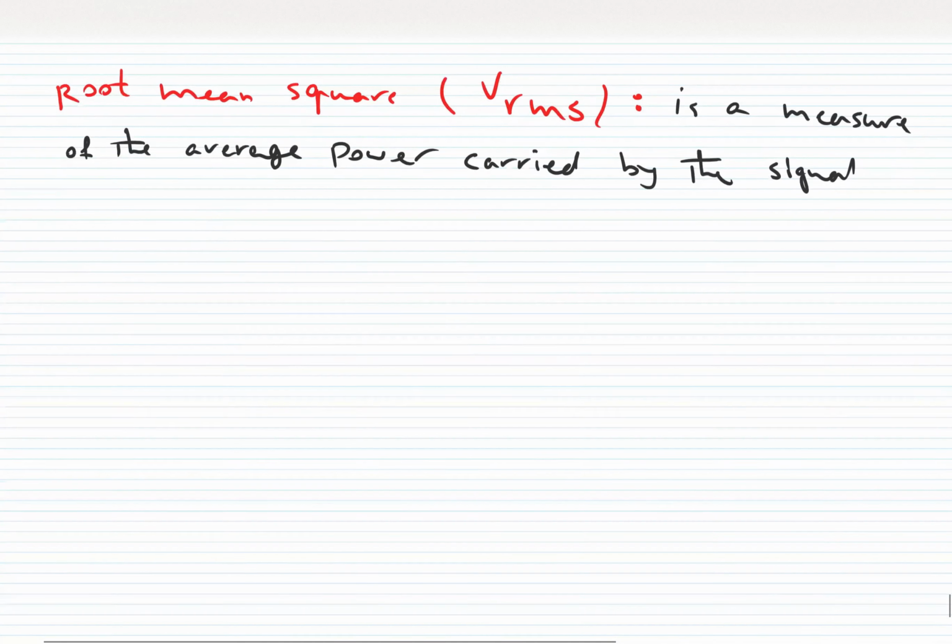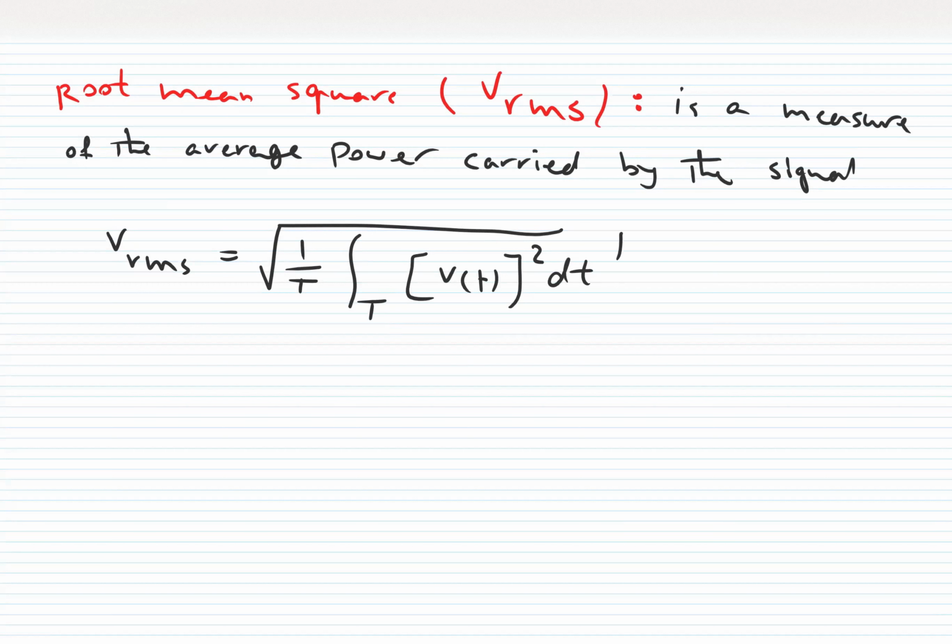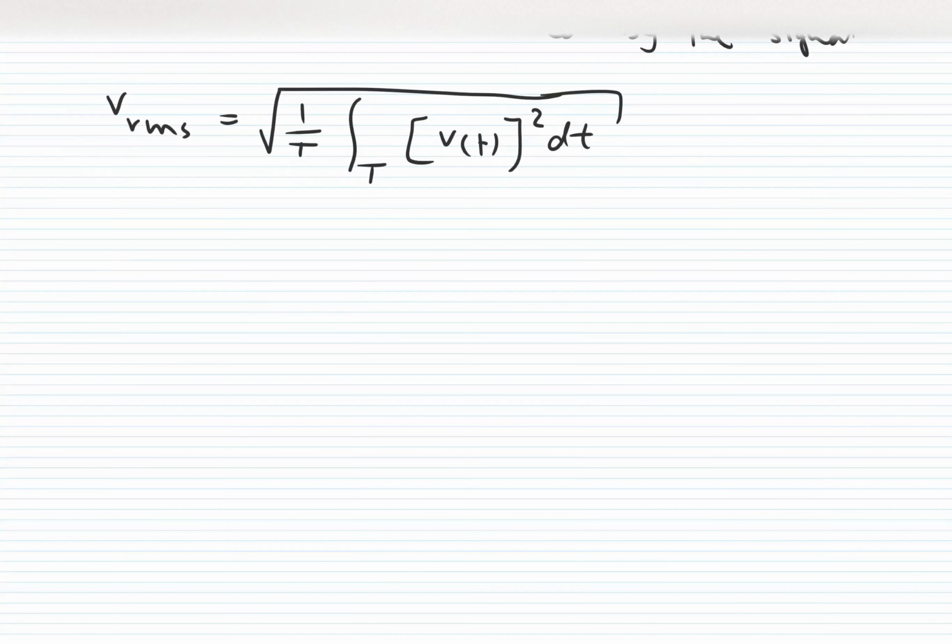VRMS is equal to the square root of 1 over T integral of v of t squared dt. So this one is the VRMS equation.